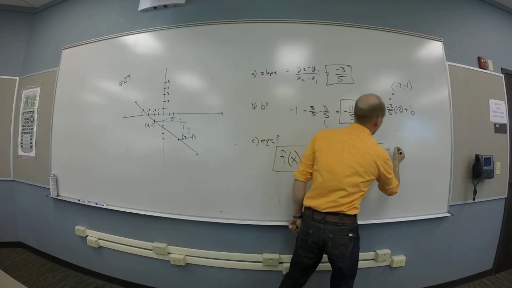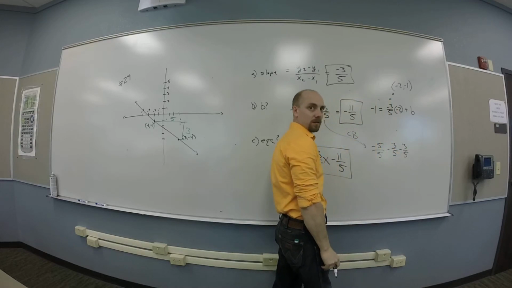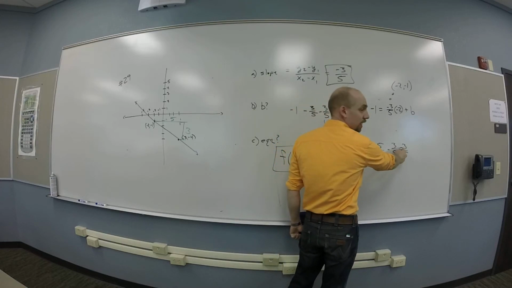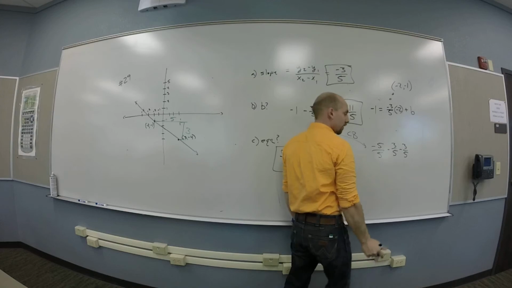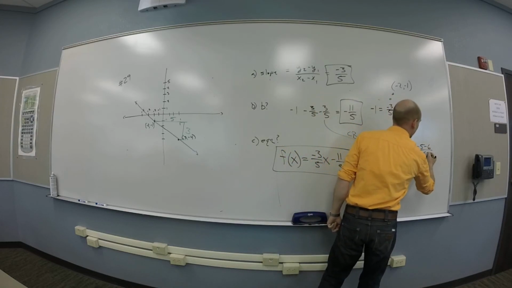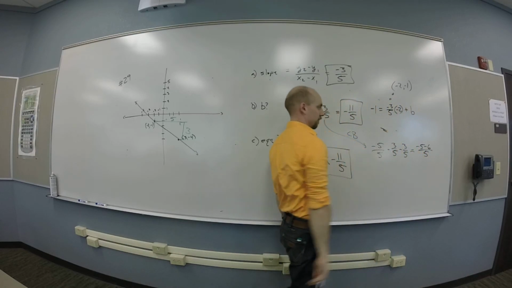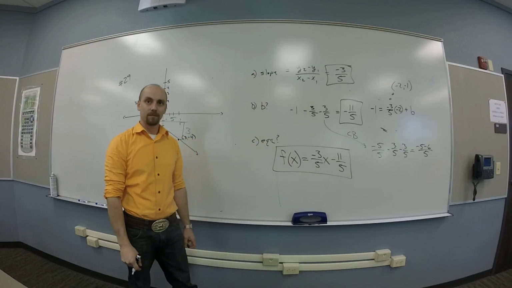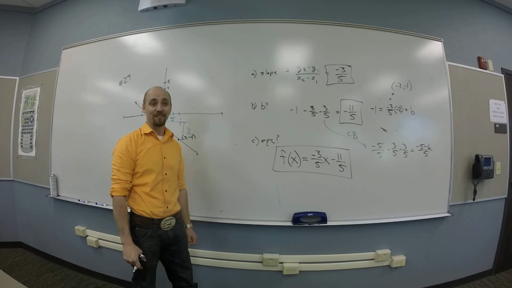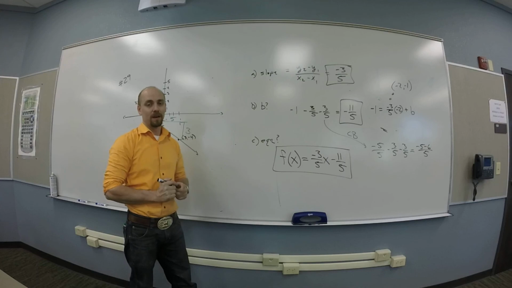And then I've got minus 3/5 and minus 3/5. So all told I have negative 5, negative 3, negative 3, all fifths. That gives me negative 5 minus 6 fifths, which is negative 11 fifths. Cool? Good question. I sometimes gloss those. If I do and you're confused, please yell at me. Anything else on this one?